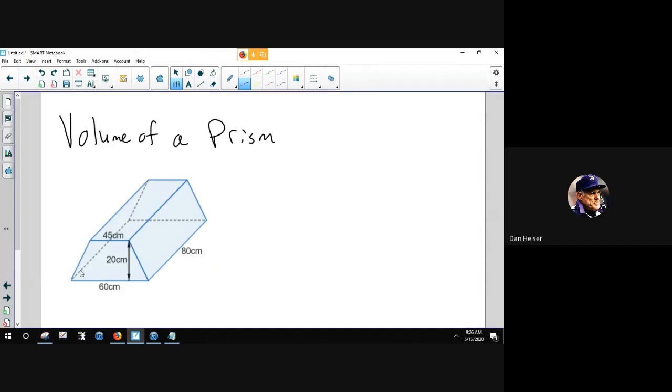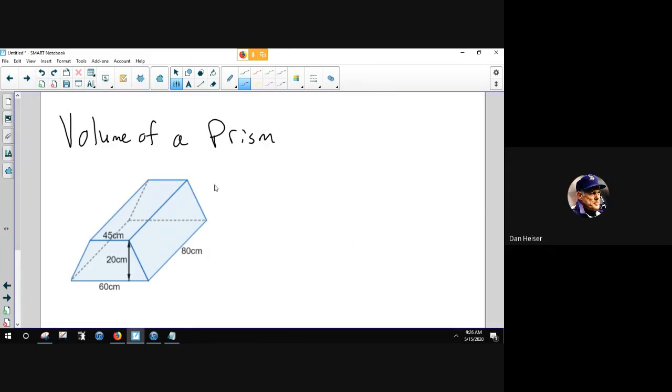This figure here, this 60 by 80 figure, is not its base. Just because that's what it's resting on doesn't mean it's a base. We have to know our terminology. So if you need a review of that, go back and watch the video that introduces prisms, because you must know what is a base and what is lateral.